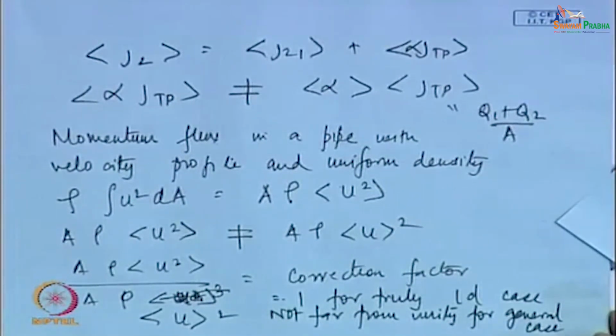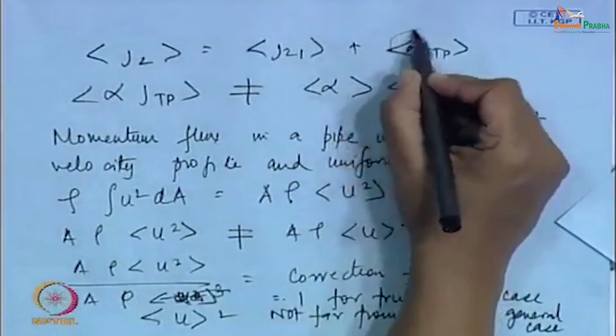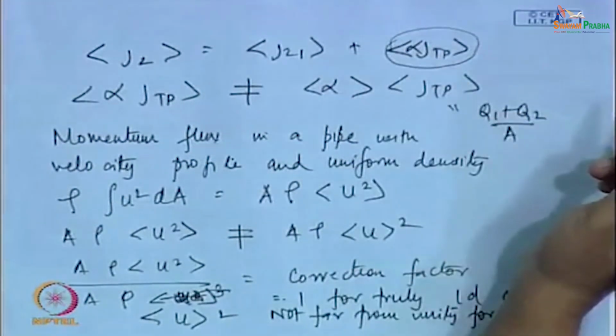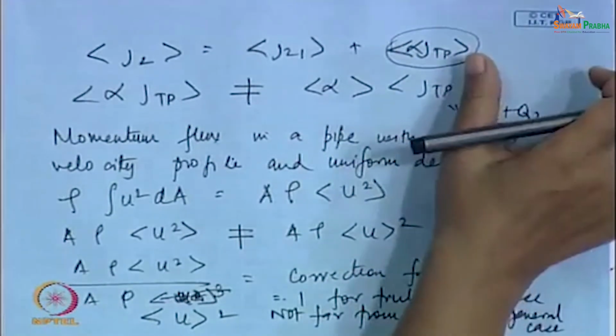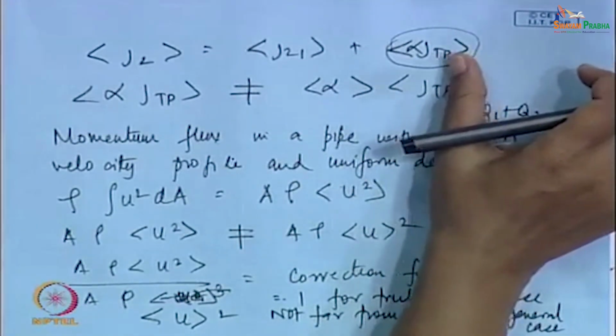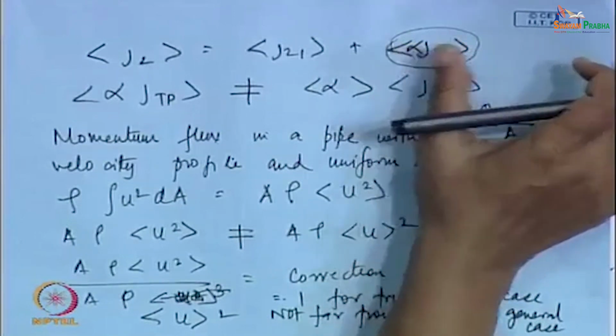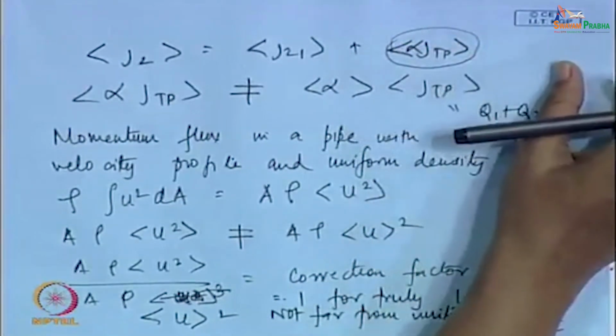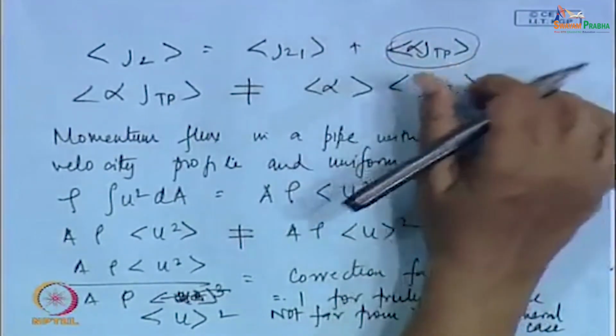Similarly, a similar approach was taken for this particular term here, this alpha JTP. Instead of alpha JTP, if we can replace it as alpha averaged, JTP averaged into a correction factor, then the situation becomes simpler, provided the correction factor equals unity for truly one dimensional case and is not far removed from unity for the general case.